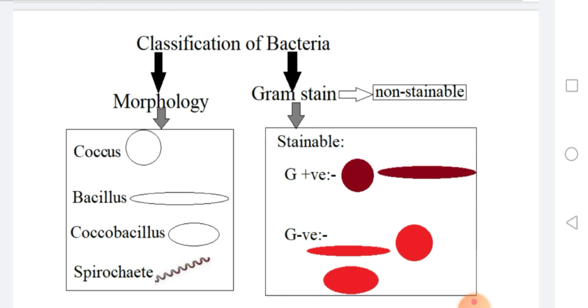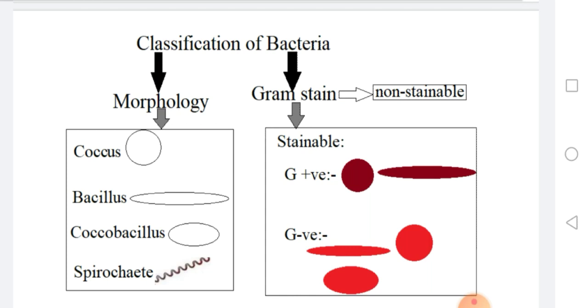They can be bacilli, the singular is bacillus, as rods or sticks, and coccobacilli, singular coccobacillus. Here the shape is in between a coccus and a bacillus. The spirochete, here the shape is a zigzagging shape like what you see in the picture.